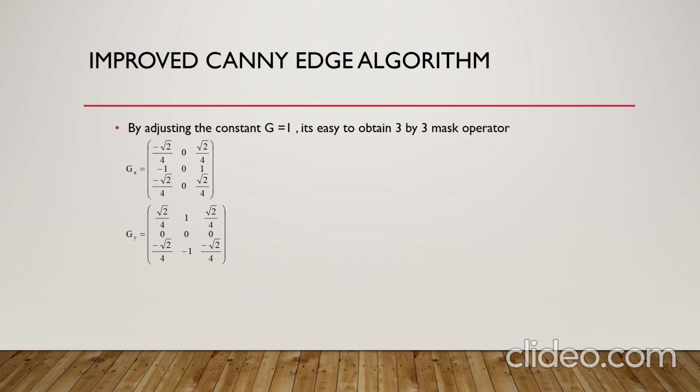The 3 by 3 mask operators for finding the image gradient using the gravitational field intensities are given as follows, where Gx is the gradient intensity in the x direction and Gy is in the y direction.